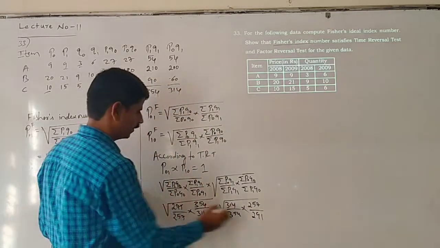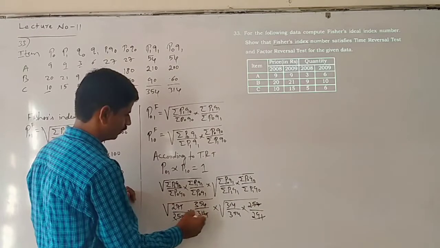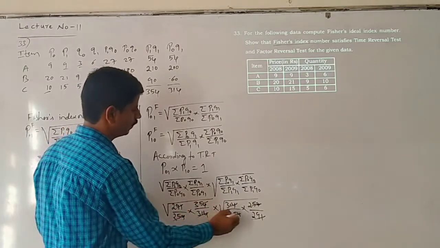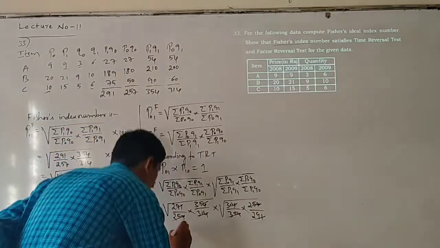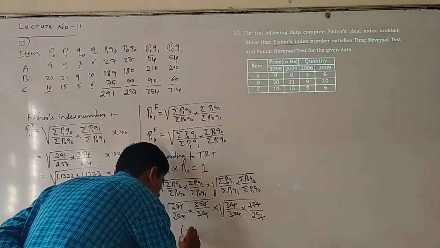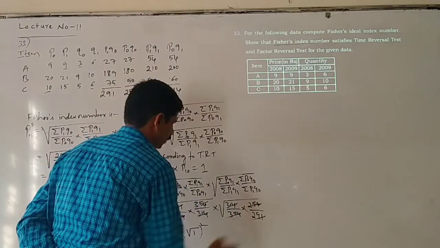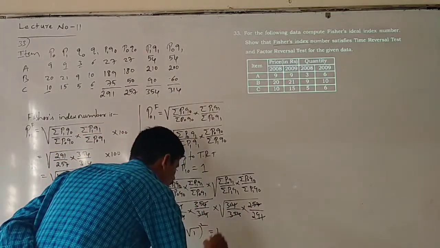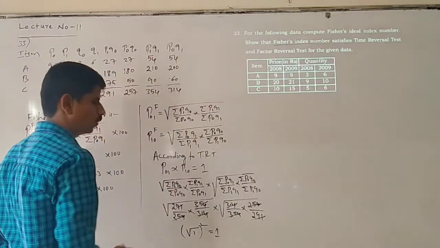See here, 291, 291 cancel, 257, 257 cancel, 314, 314 cancel, 354, 354 cancel. Okay, here under root of 1 square is equal to 1.